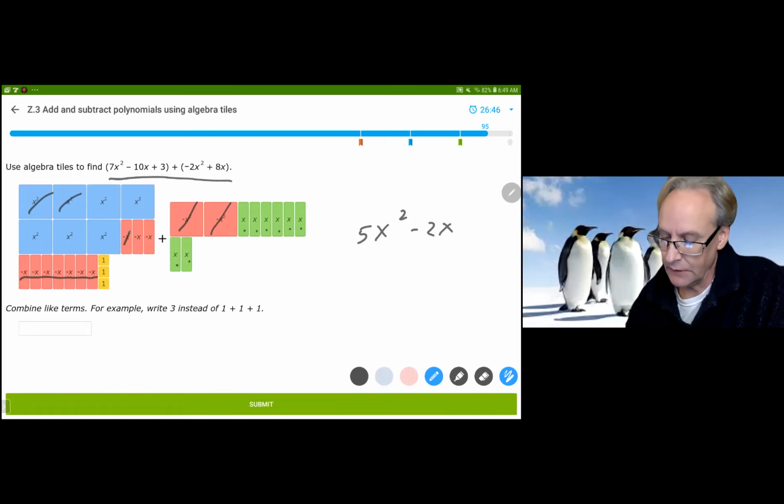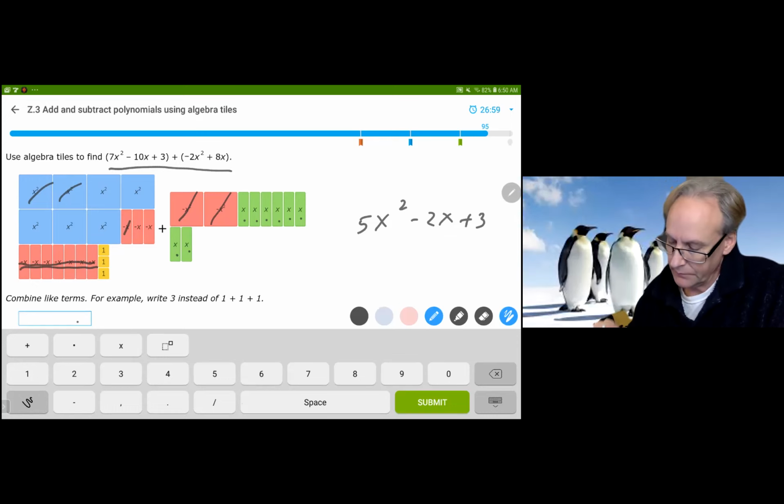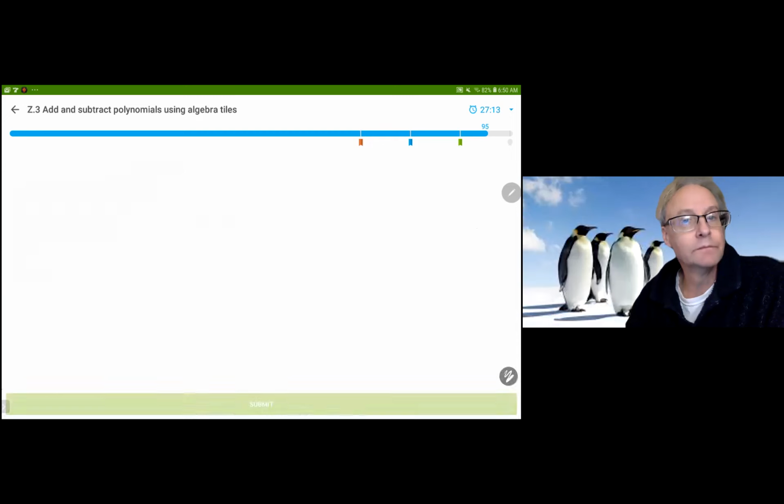There's 7 and 1 more makes 8. There they go. And we have minus 2x left. And then we have a plus 3, don't we? There we go. So we have 5x squared minus 2x and plus 3. Looks good.